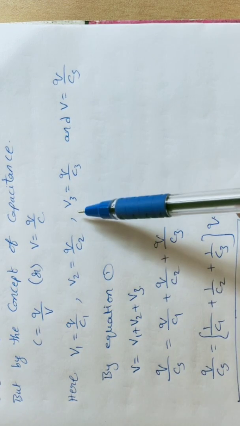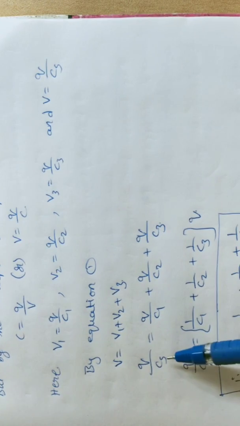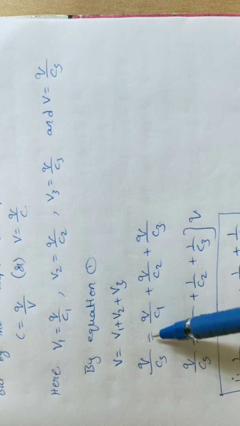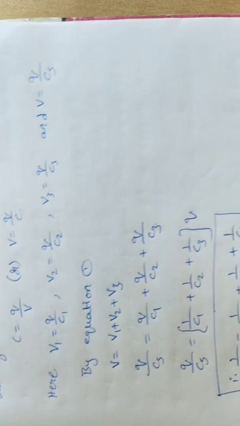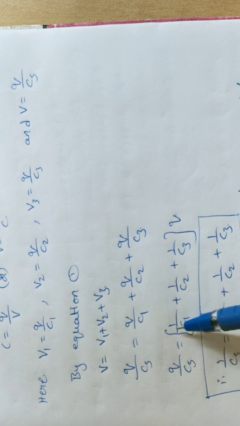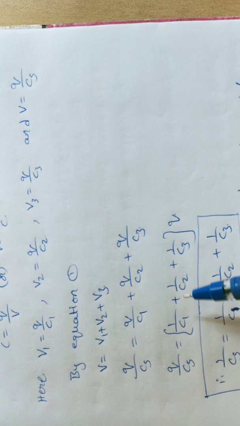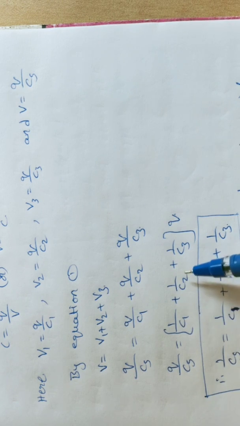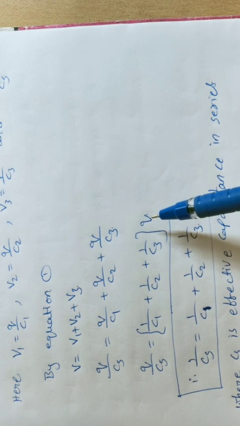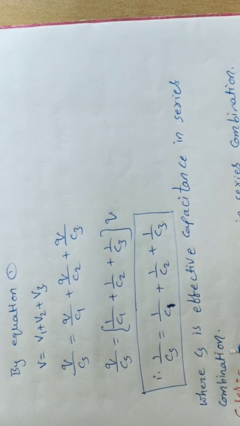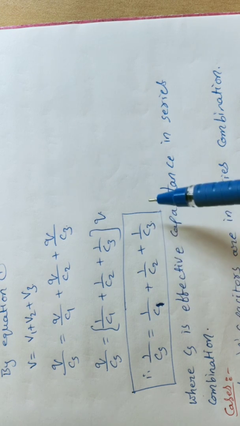Substituting the known values, Q divided by CS equals Q divided by C1 plus Q divided by C2 plus Q divided by C3. Taking Q common, we get Q times (1 by C1 plus 1 by C2 plus 1 by C3). Cancelling the charge Q, we get 1 by CS equals 1 by C1 plus 1 by C2 plus 1 by C3.